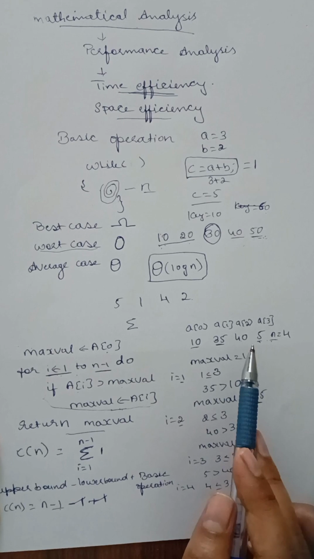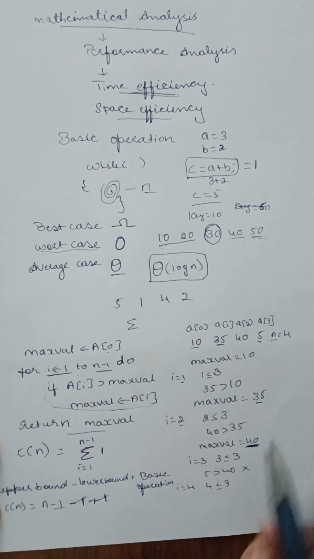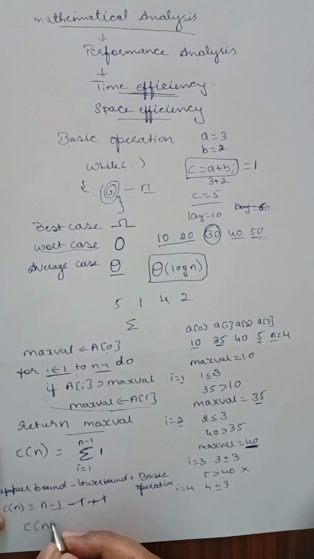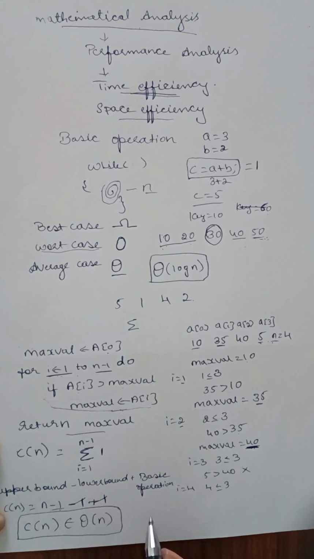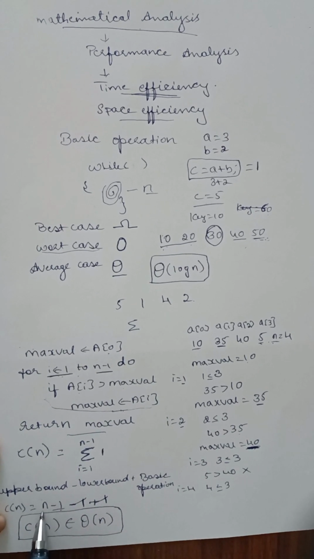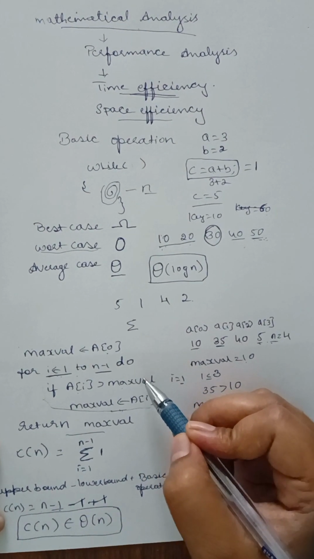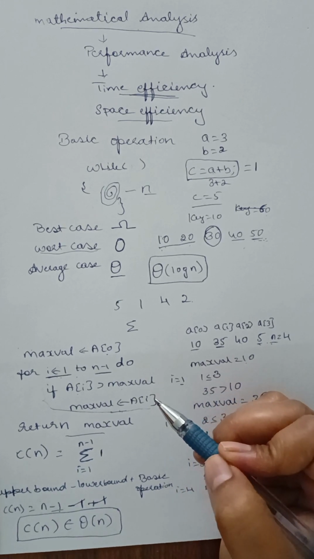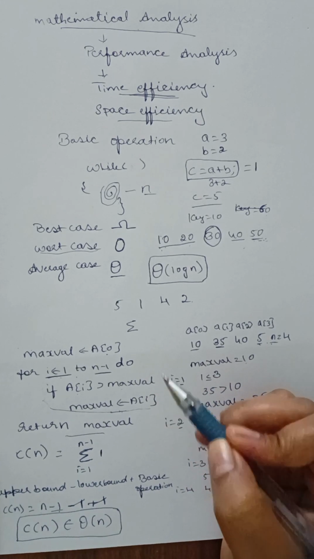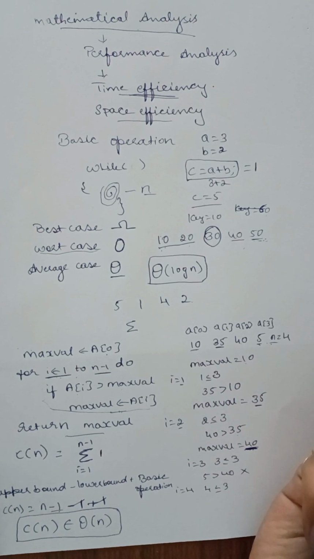So this comes under the average case. Average case means you have to write theta. So I'll write C of n belongs to theta of n. This n I have taken from what we have calculated. So this is the mathematical analysis for the algorithm to find the maximum value in the array. If you don't have a for loop, then we have a different method that we'll see in the next video. Okay, thank you.